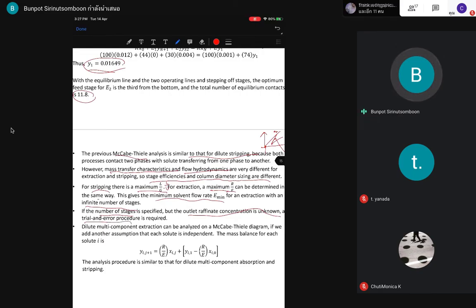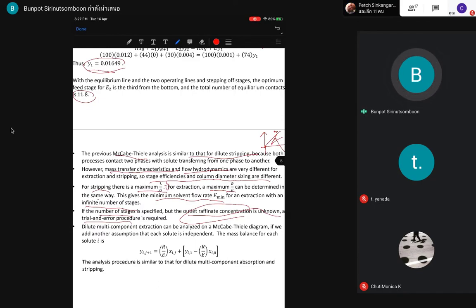Just like in stripping, if the number of stages is given and you don't know the outlet raffinate concentration, you have to guess a value, use the specified number of stages for your calculation, and check if your guess is correct or not.